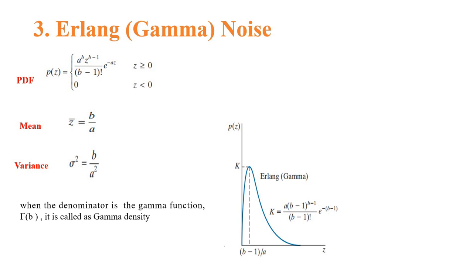When the denominator is rho times b, it is called a gamma density. That is, when the denominator in the gamma function is rho b, it is called a gamma density.